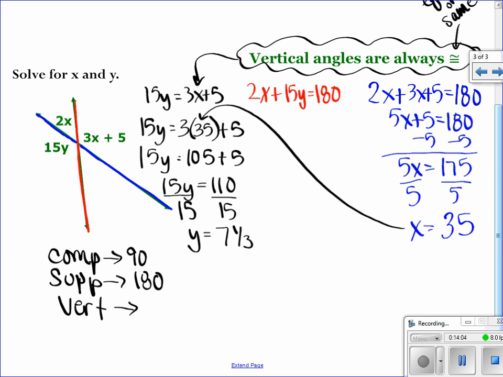So these 3 things are how you're going to be focusing your attention to see where the problem is going to head, how it's going to be set up. If they're complementary, they're going to be 90 as a total, supplementary 180, vertical angles, you set them equal to each other. Remember, vertical angles are opposite each other. Questions on those 3 things?